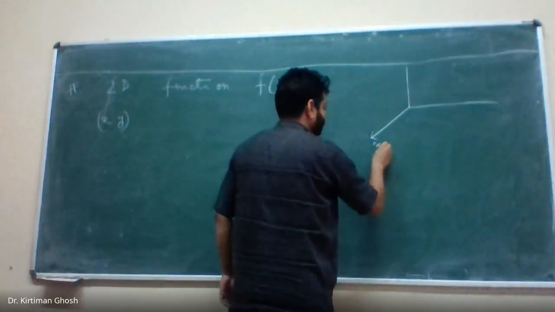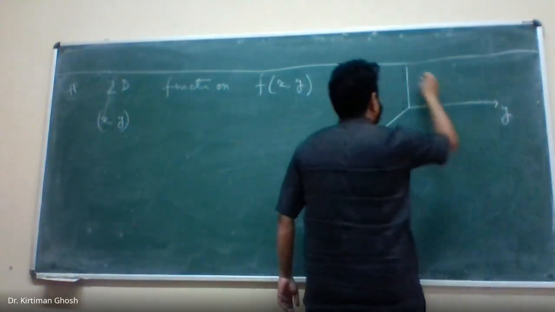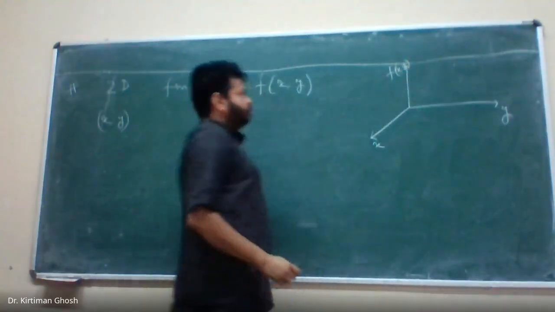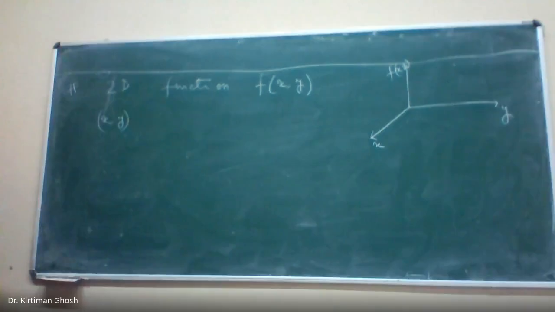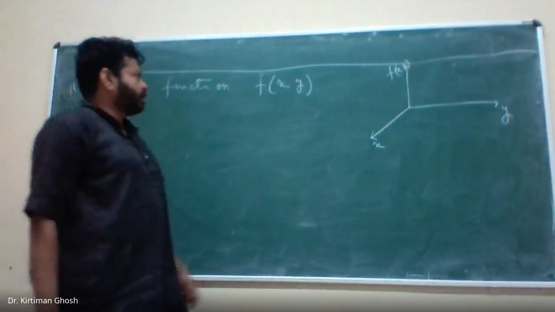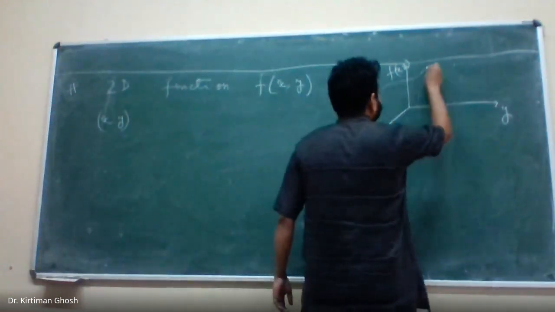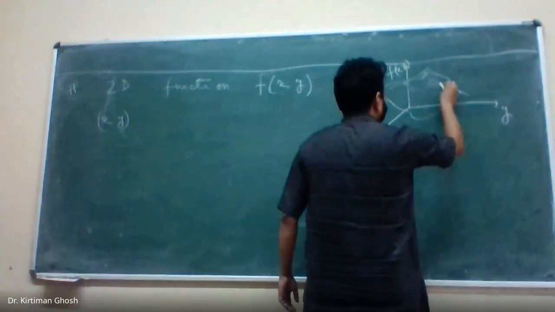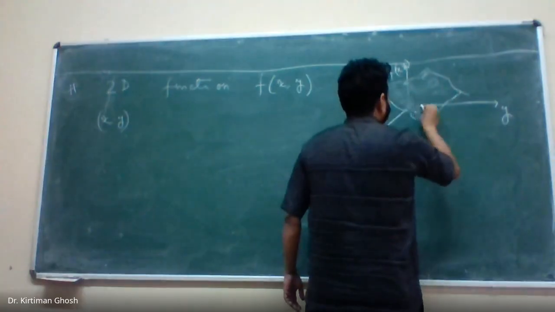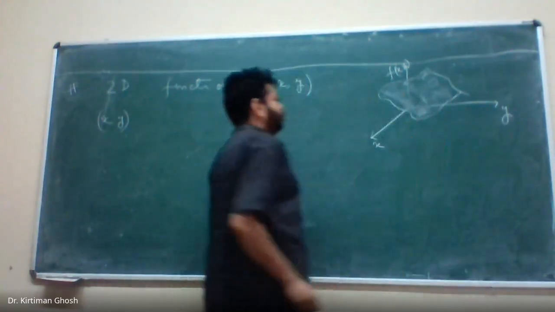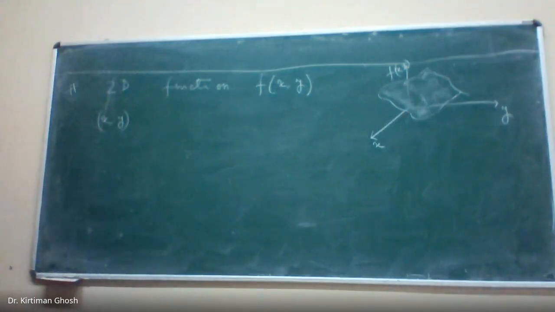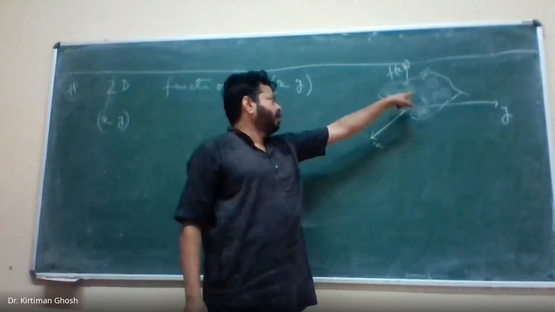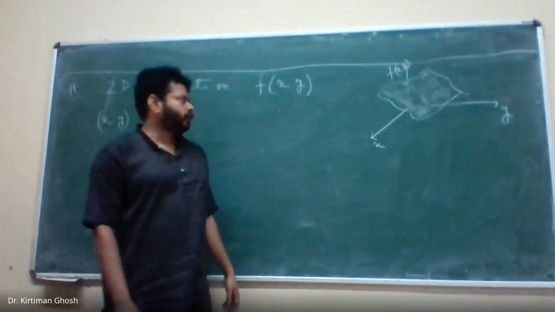Let us assume this is my x-axis, this is my y-axis, and this is f(x,y). A one-dimensional function is represented by a line on a two-dimensional plane. A two-dimensional function will be represented by some kind of a surface. For a given value of x and y, there will be a value of the function f(x,y), which will be a point on this surface. So this is a two-dimensional function.